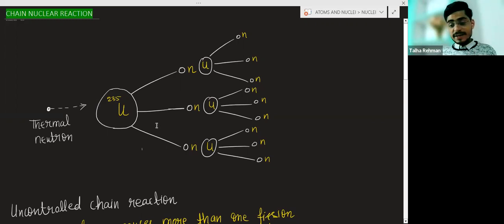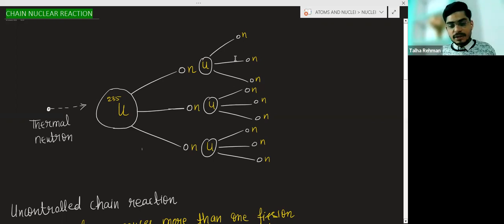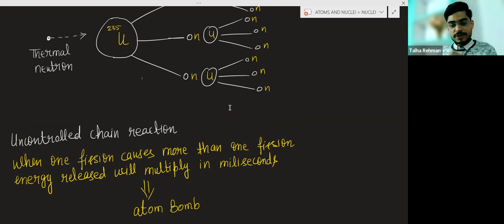Now if this nuclear reaction is like this, it will become uncontrolled. And if it becomes uncontrolled, the energy release rate will increase tremendously, and it is difficult to control.